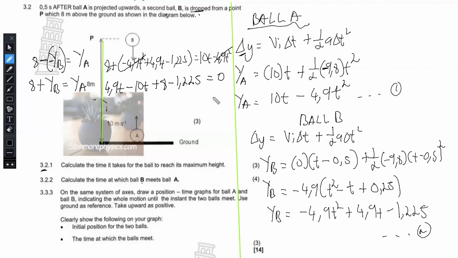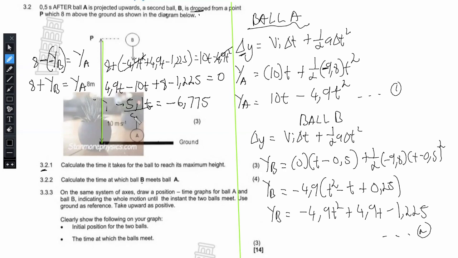And then at this point, we can say we have 4.9 minus 10, that's going to give us negative 5.1, and then t. And then 8 minus 1.225 is going to give us 6.775, which if we transpose, is negative 6.775.